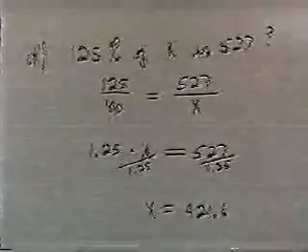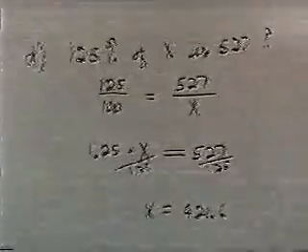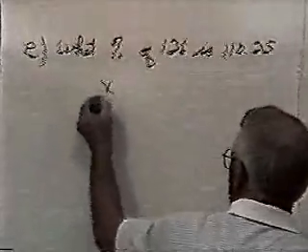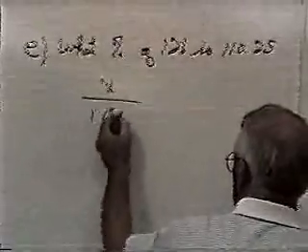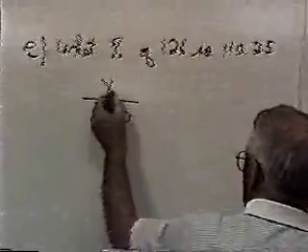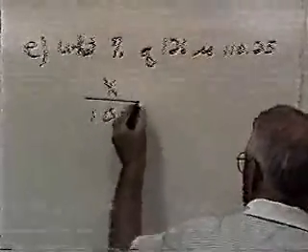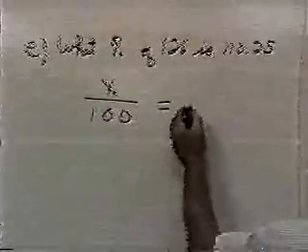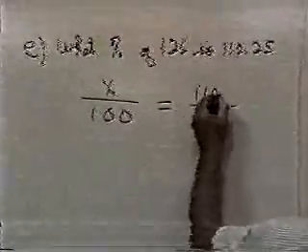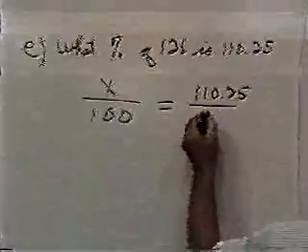Okay, let's look at the E part. It says, what percent of 126 is 110.25? What percent? That means we're looking for the part that's over the 100. Remembering the percent over the 100 is equal to the "is", 110.25, over the "of".